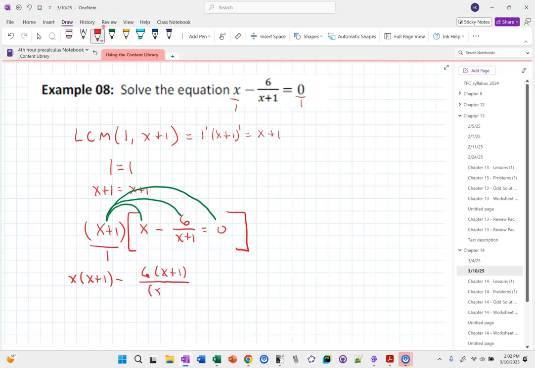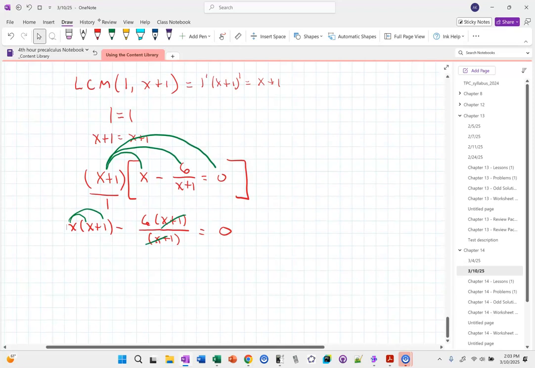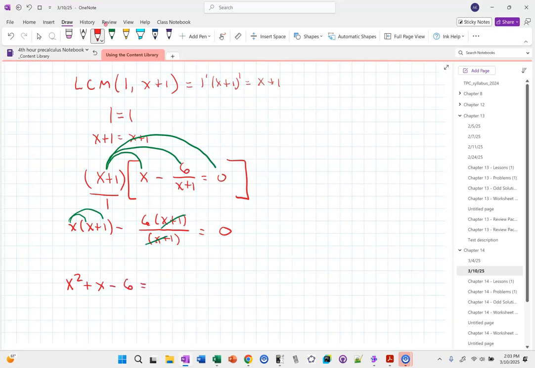So multiply the tops together and the bottoms together. And then 0 times anything is 0. I notice that fraction in the middle can just reduce now to 6. Ooh! I like it when all the fractions go away, right? So if I just distribute that x through now, I have x squared plus x minus 6 equal to 0.